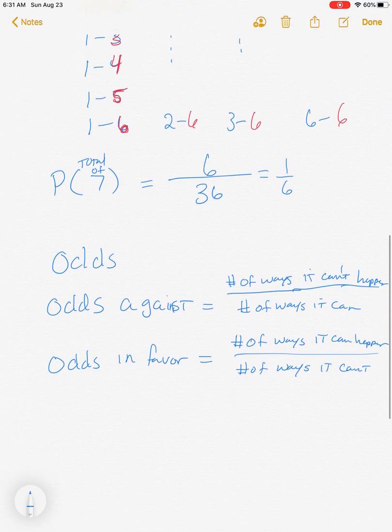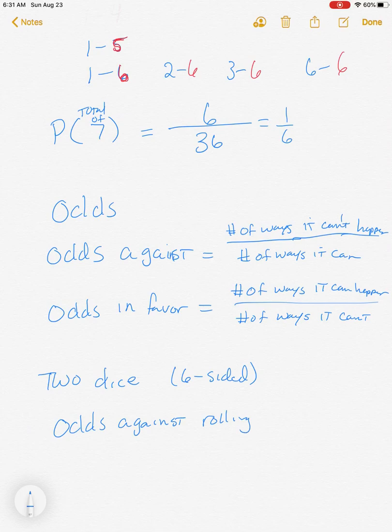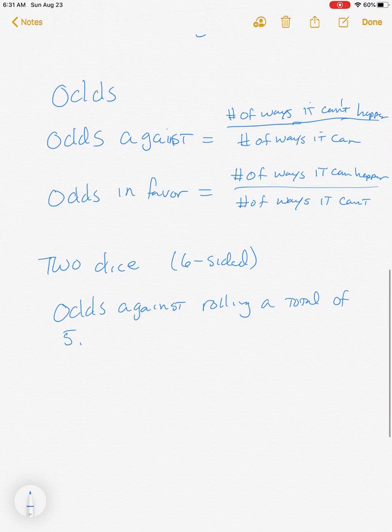So let's give you an example of that. Let's stick with this 2 dice example. 2 6-sided dice are thrown. And we want to find the odds against rolling a total of, let's pick another number, of 5. No problem.